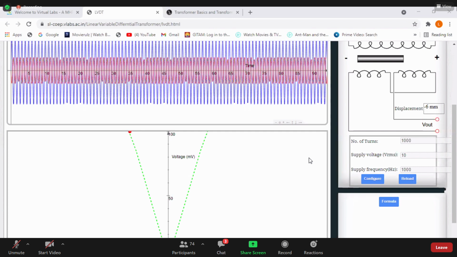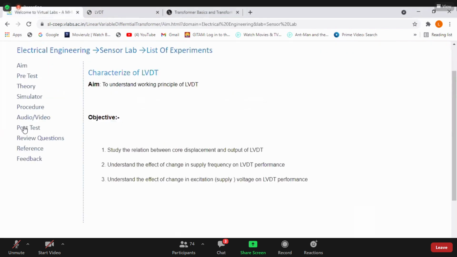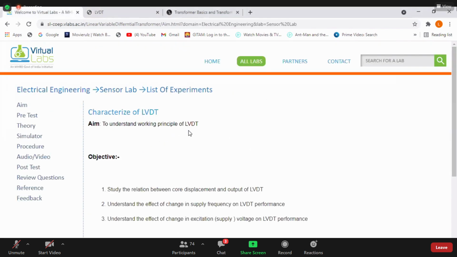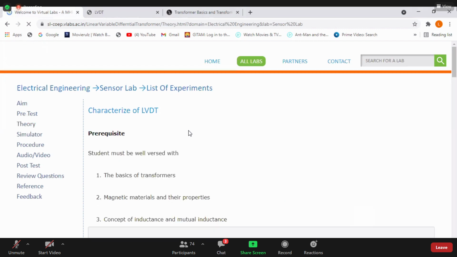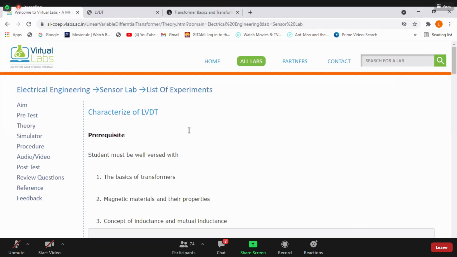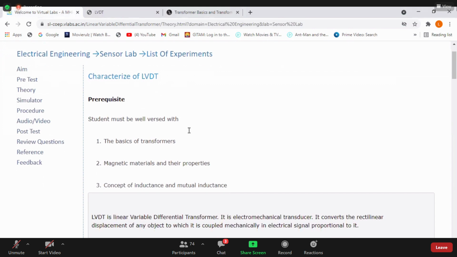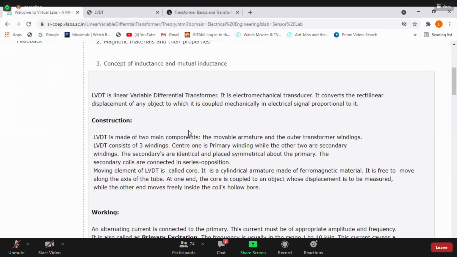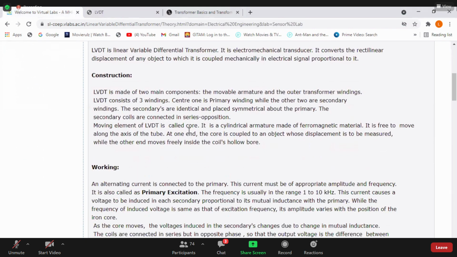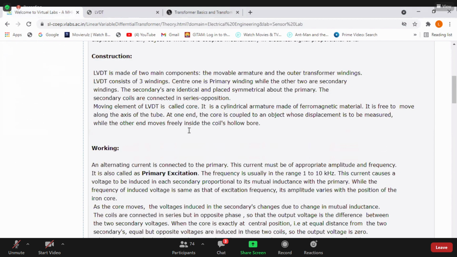Go to theory page. Scroll down. Yeah, stop there. Case 1. Read out this case 1.